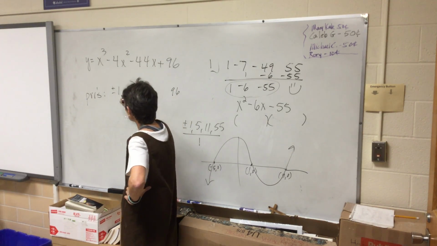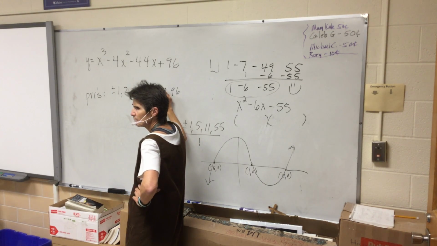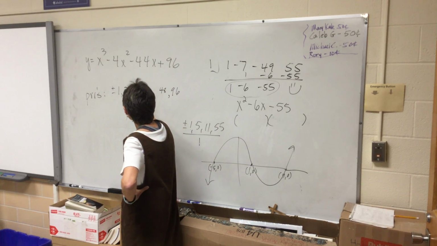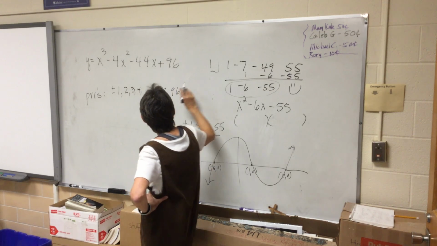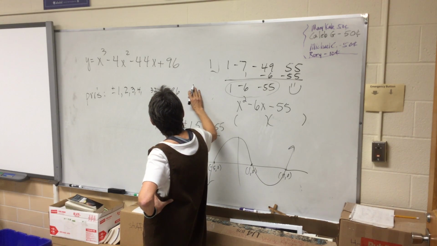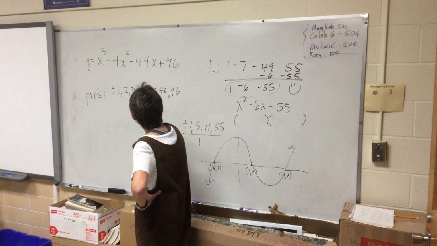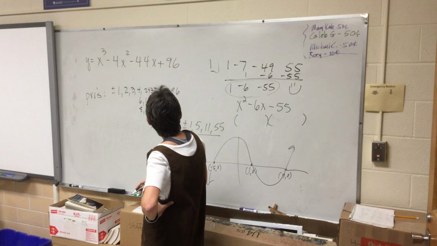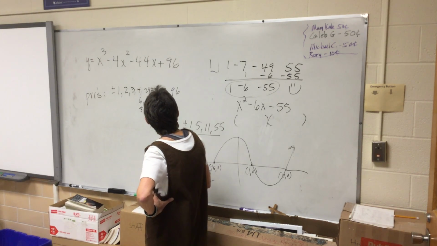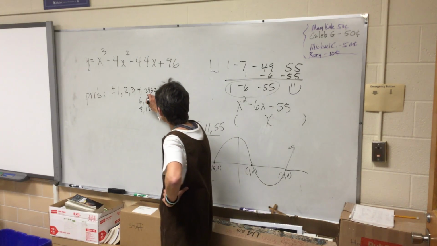So 1 and 96, 2 and 48, 3 and 32, 4 and 24, yeah, 5, no, 6 and 16, and 8 and 12, 9, 10, okay, that's it. So there's a bunch of them.